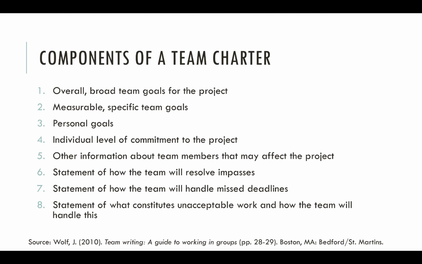And then there's the individual level of commitment to the project for each team member. There's also other information about team members that may affect the project, as well as a statement of how the team will resolve impasses, a statement of how the team will handle missed deadlines, and a statement of what constitutes unacceptable work and how the team will handle this. Let's take a closer look at each of these elements.